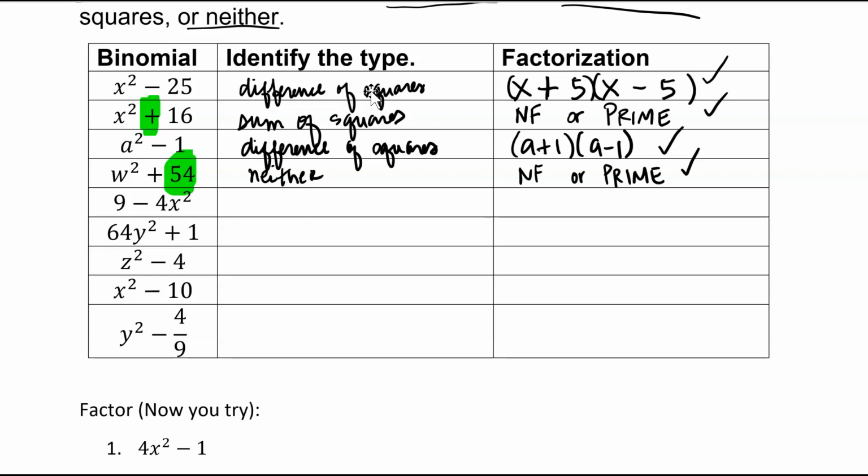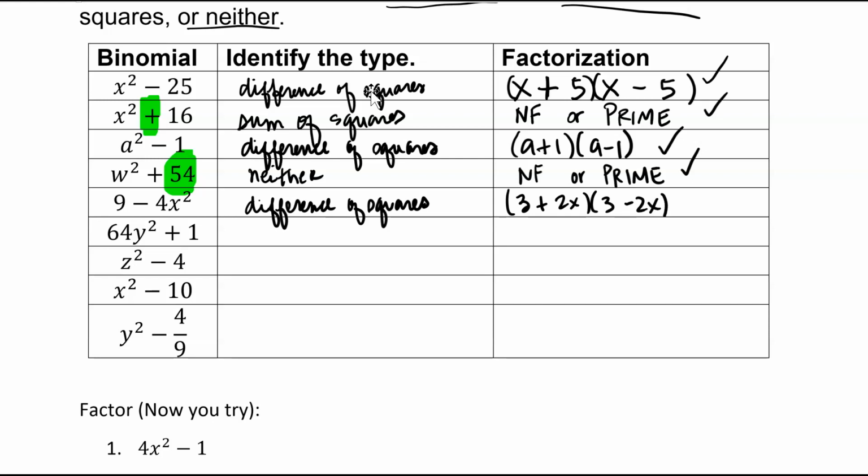Next, 9 minus 4x squared. What do you think? It's a difference of squares because 9 is on our list. 3 times 3, 4x squared, 2x times 2x. So it's backwards, so we're just going to write it backwards. 3 plus 2x times 3 minus 2x.